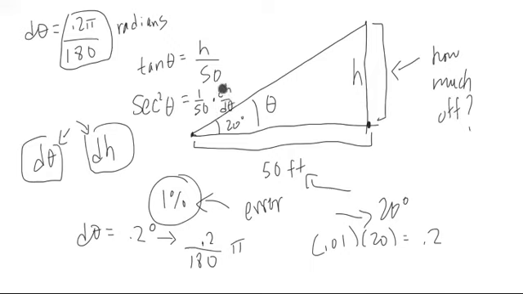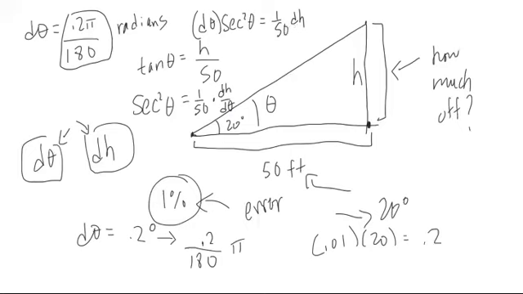Quite literally, dh over d theta is a ratio of rise to run on the tangent line. To get an equation relating dh and d theta, take this as a ratio, assume a positive run for theta, and multiply both sides by d theta. We end up getting secant squared theta equals 1 over 50 times dh. So we have a nice relationship between dh and d theta.